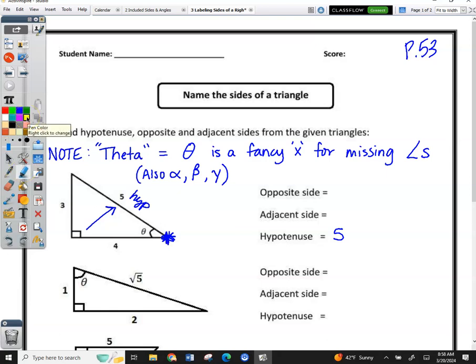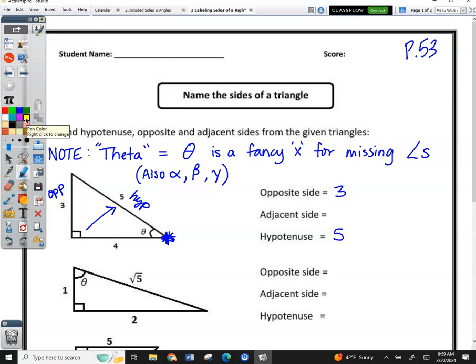Opposite is going to be the side that does not touch the angle. It's the one farthest away. So opposite of theta would be 3. Adjacent, watch this.